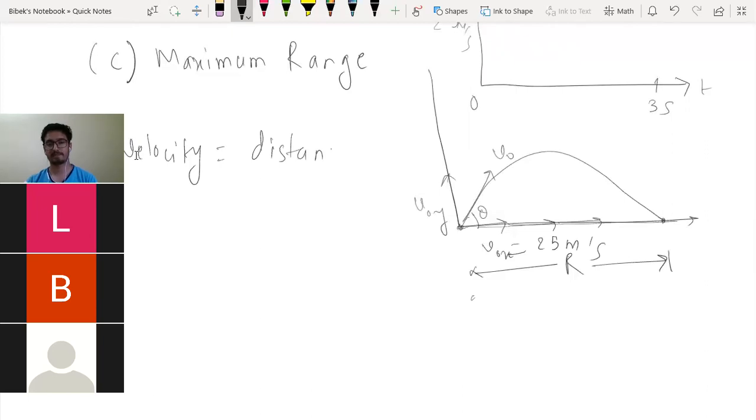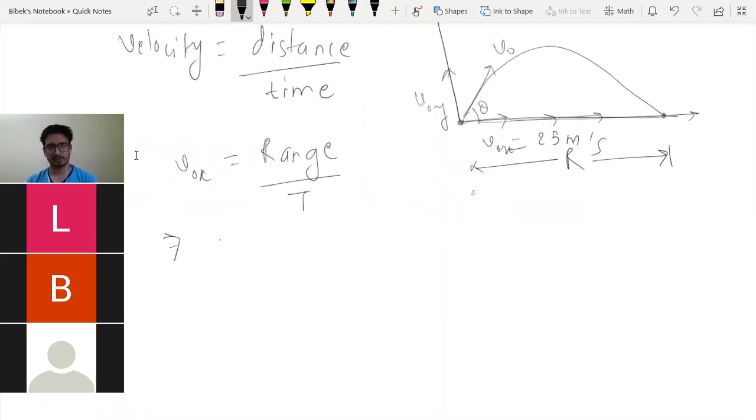So you know velocity is distance over time, right? The distance here is the range that you need to find, and the time is the total time. Let me write this capital T, and the velocity is v0x or vx, whatever you want to call it. So that's your range. R is velocity times time.